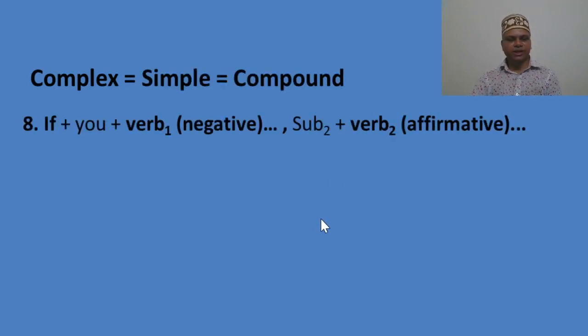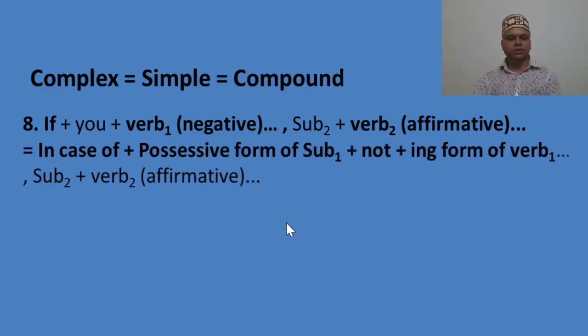Now the eighth rule, it is also a conditional sentence. So look at the structure: if follows second person, and the verb will be in negative, but the verb in principal clause will be affirmative. Verb of if clause will be in negative, verb of principal clause will be affirmative. So look at the structure of simple sentence. We have to begin the simple sentence with in case of, then we have to use possessive form of subject 1.